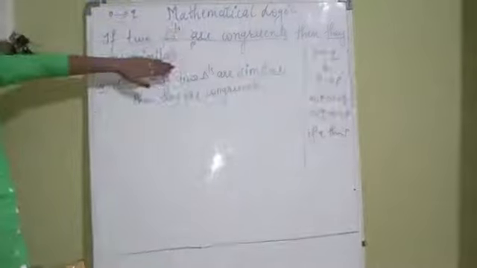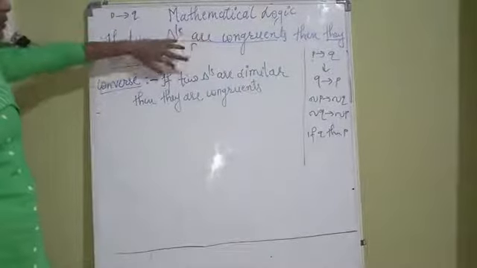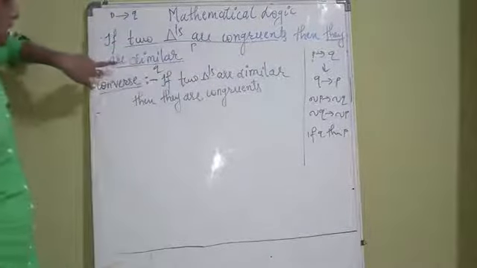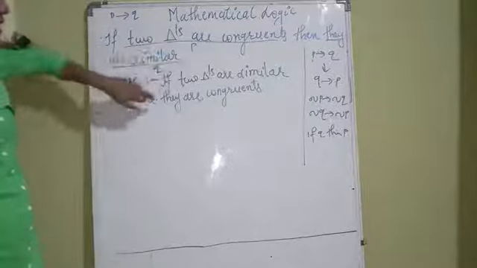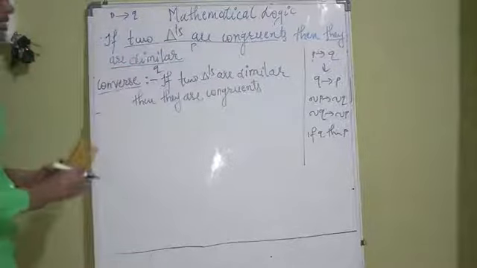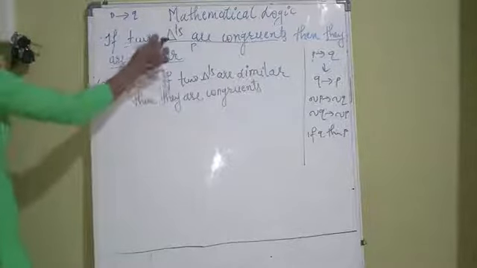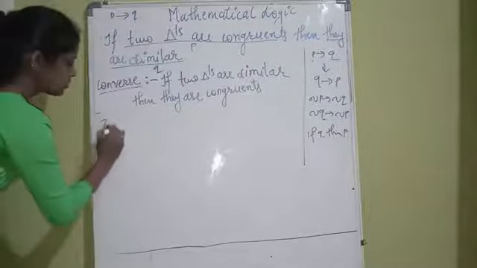Q means this statement and P means this. So if two triangles are similar, then they are congruent. This is the converse of this statement. Now see the inverse.